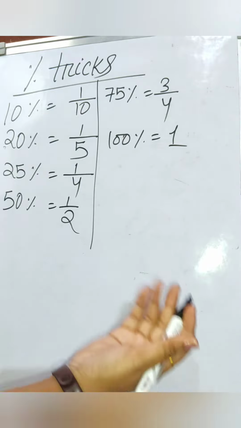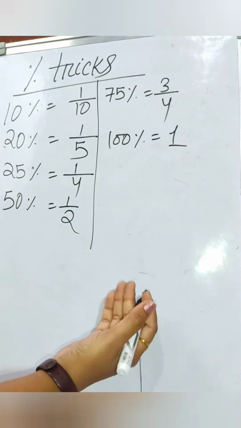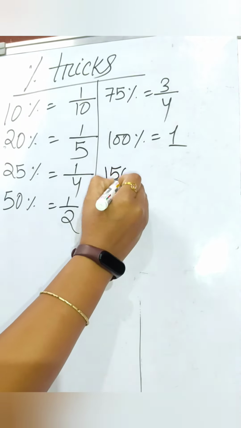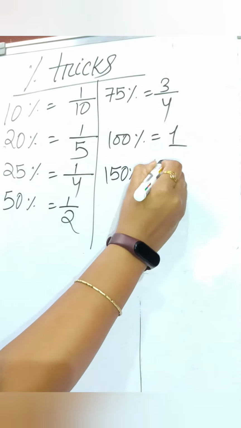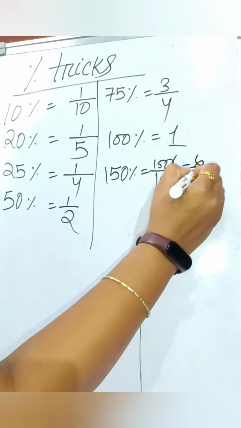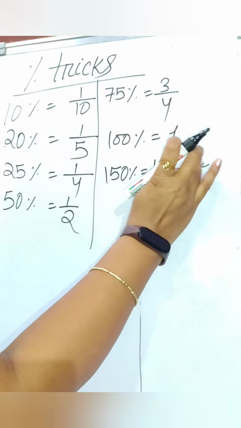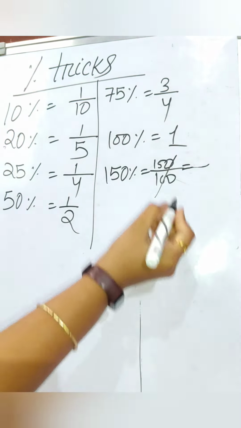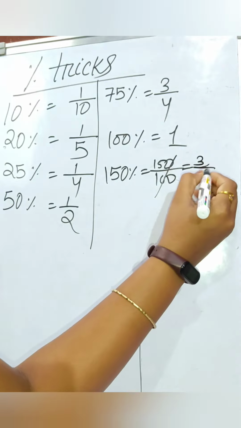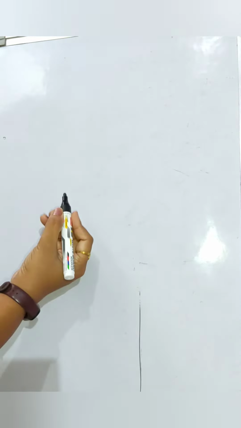Similarly, we can write 120%, 115%, or 12.5%. We could find them out. 150% is equal to 3 by 2. So let's do a quick revision.